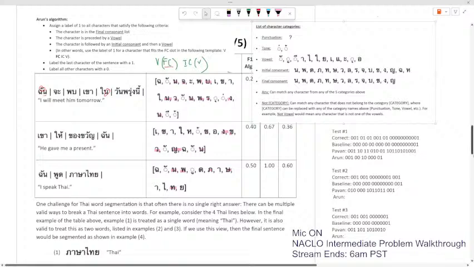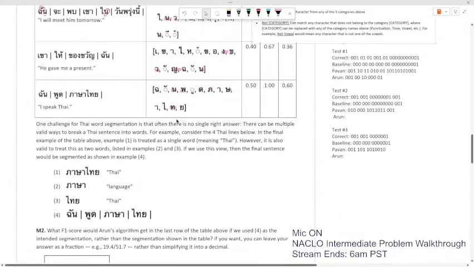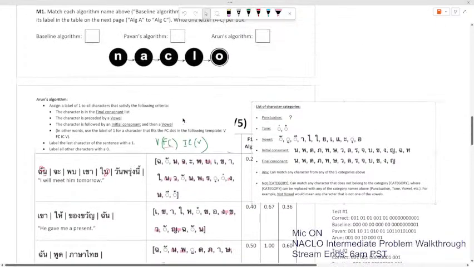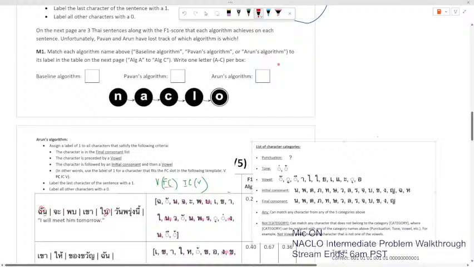So we'll solve M1, hopefully, ideally, by the end of this stream. This one's a long one, though. It's definitely quite a bit more exhausting than the 10-point problems that I always do.